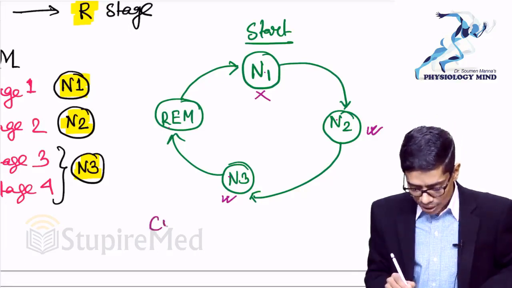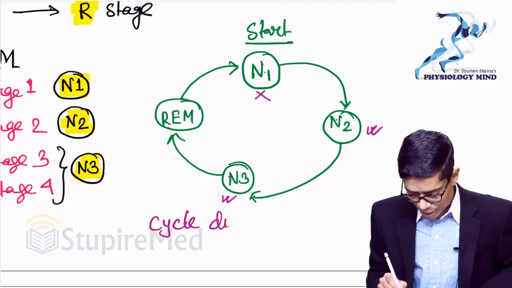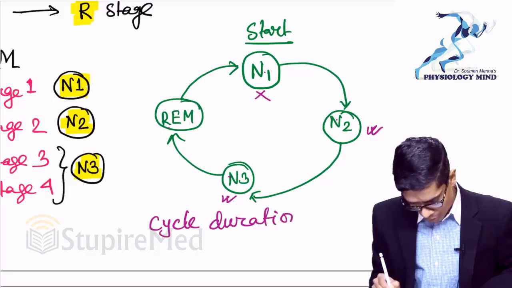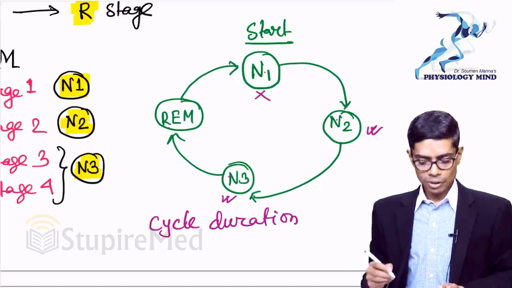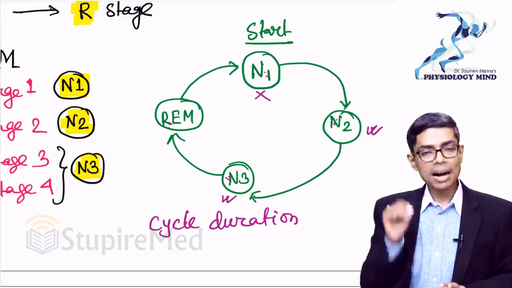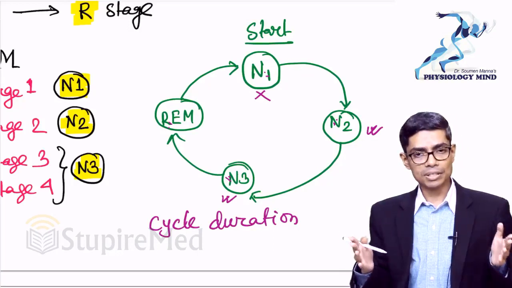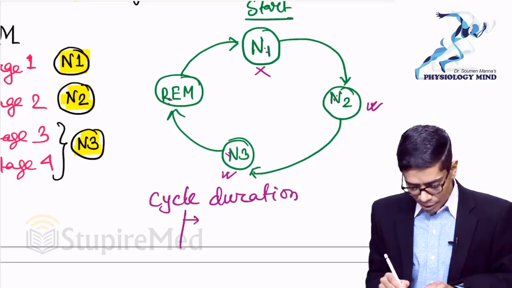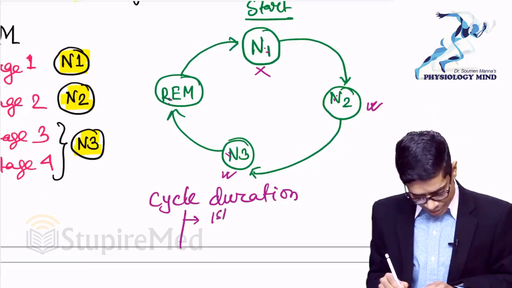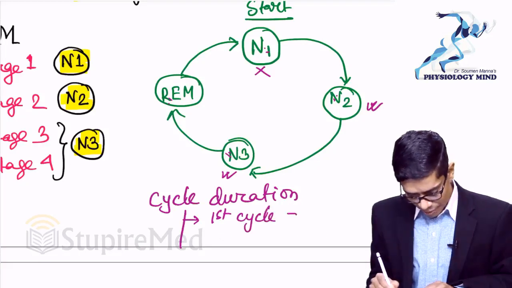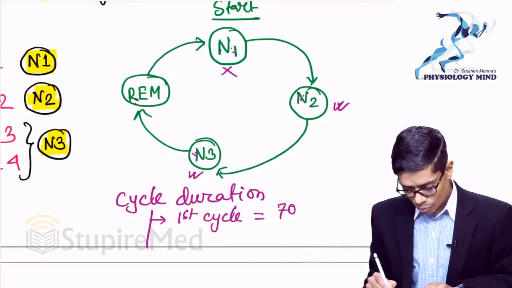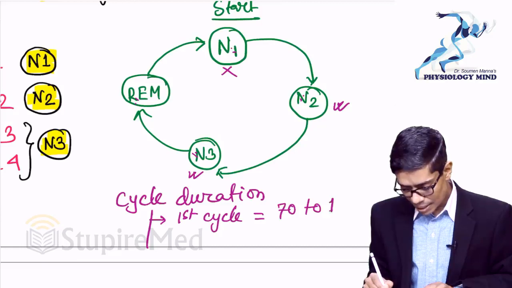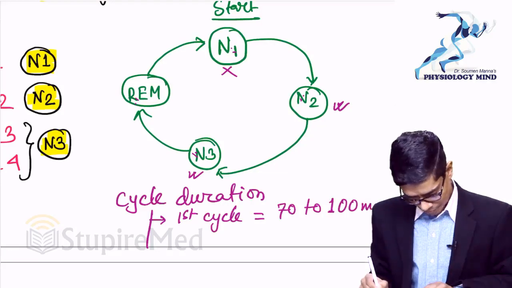Now the total cycle duration: N1, N2, N3, REM. What is the total duration of a single cycle? Whenever you are entering into the first cycle, the duration is 70 to 100 minutes.